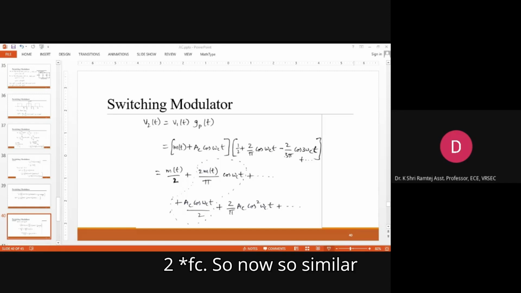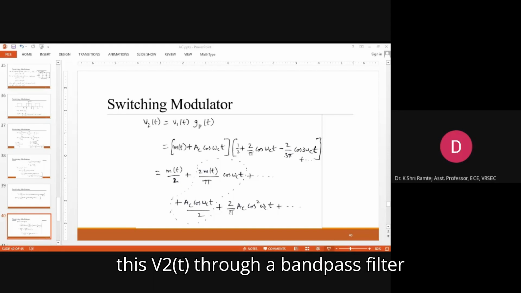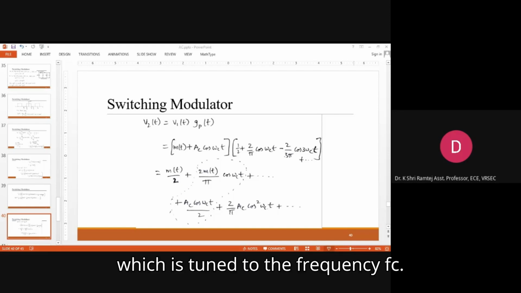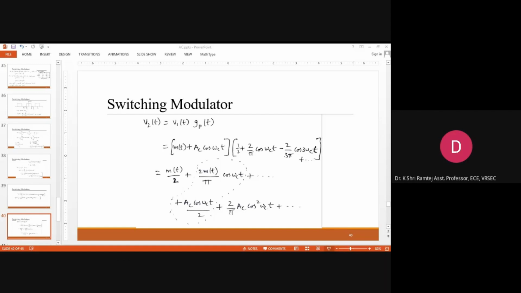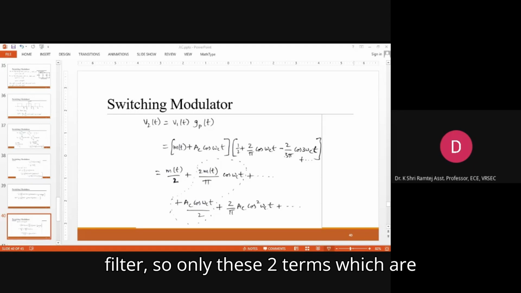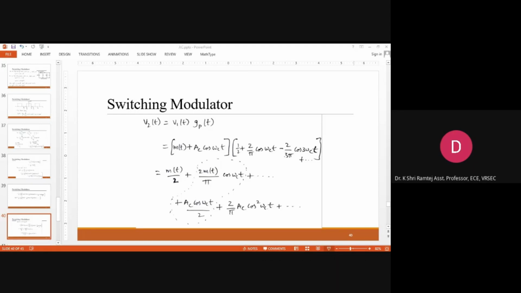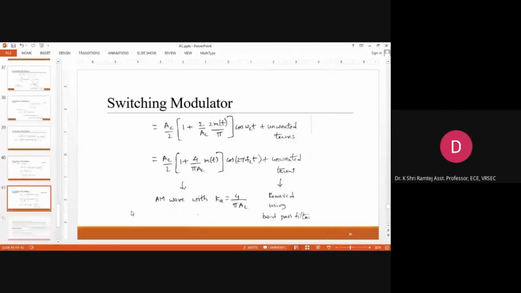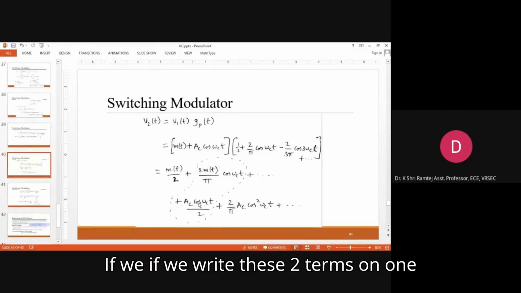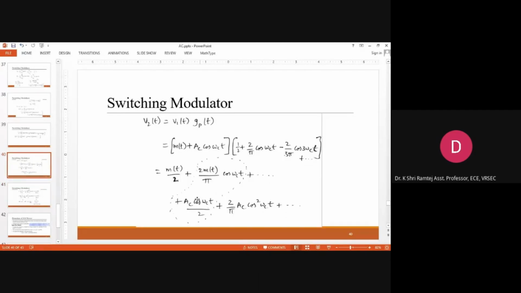So similar to the square law modulator, we now pass this V2 of t through a band pass filter which is tuned to the frequency Fc. When this is passed through the band pass filter, only these two terms which have frequencies around Fc will be passed. If we write these two terms on one side, we can take Ac by 2 cos omega ct common from these terms.